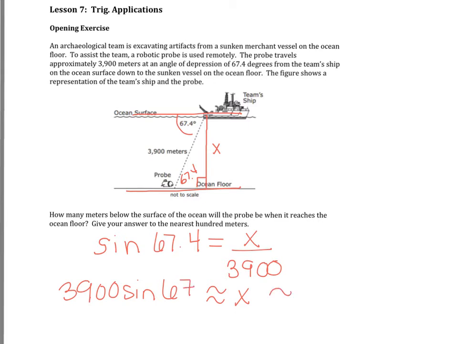Go ahead and put that into your calculator. Round to the nearest 100 meters. So that's going to be rounded to the left of the decimal point.